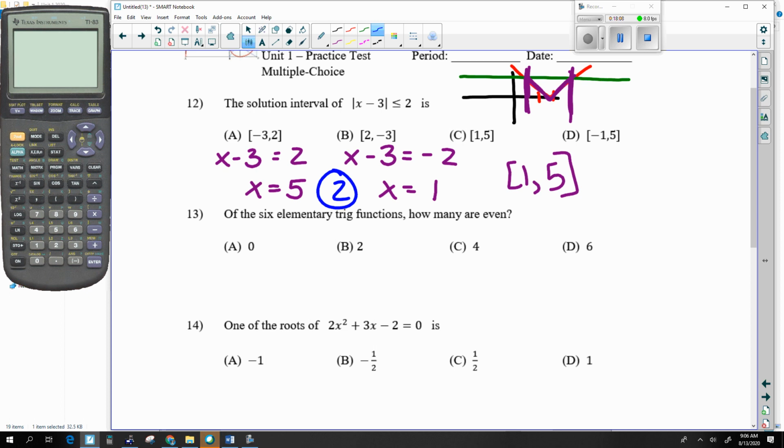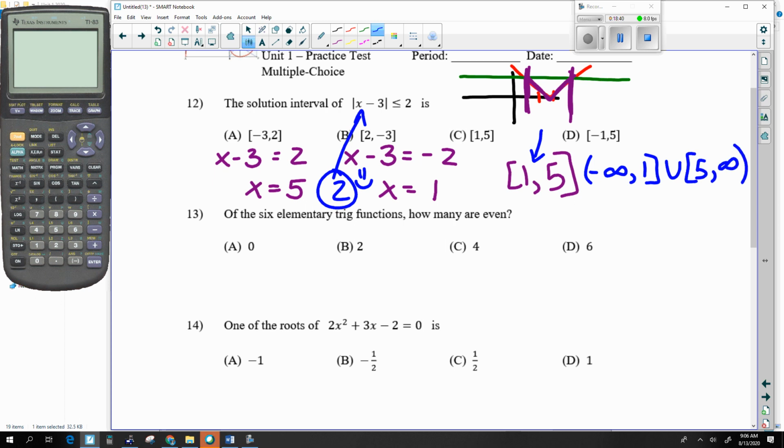Is 2 a valid answer? Putting 2 into your equation, 2 minus 3 is negative 1. Absolute value of negative 1 is 1. 1 is less than 2, so this is a good value. And so what I'm seeing is this indeed is the actual interval. It's not negative infinity to 1, or 5 to infinity.